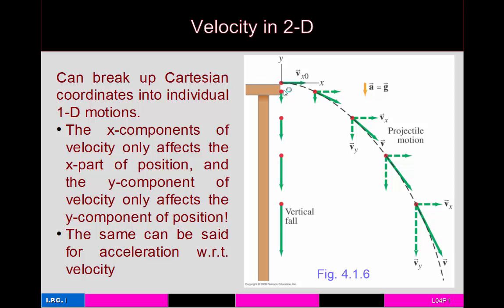And you'll notice that the red dot at same time interval is at the same height in all cases. So I could draw a horizontal line and it would always be able to pass through one dot and the equivalent time position dot for the one that just fell and the one that was sort of pushed off.